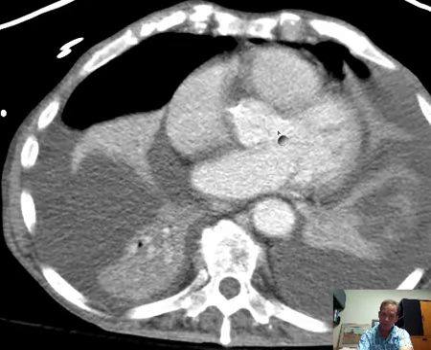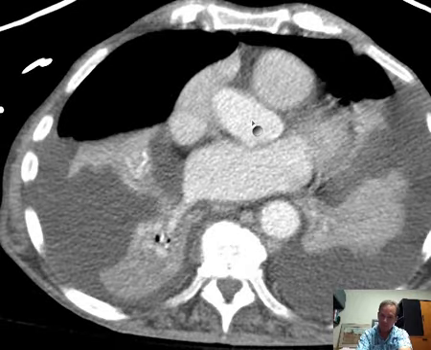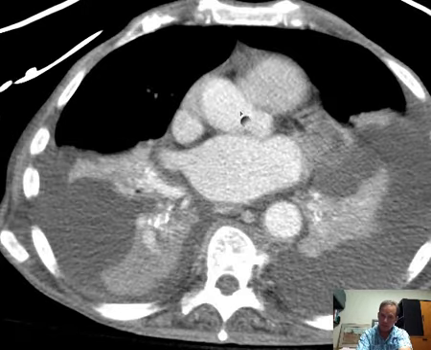Notice how the vessel arises. Here's the left atrium going to the left ventricle, and the blood gets pushed out here into the aorta.